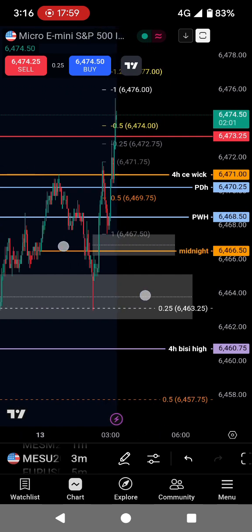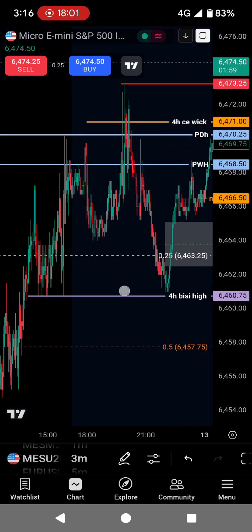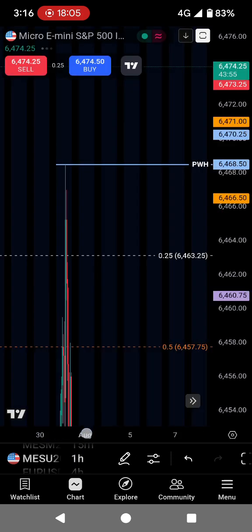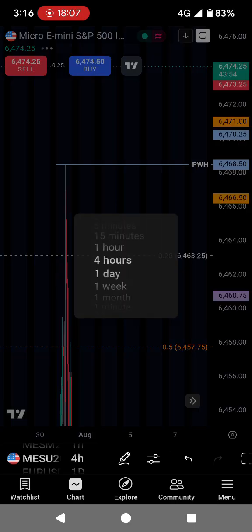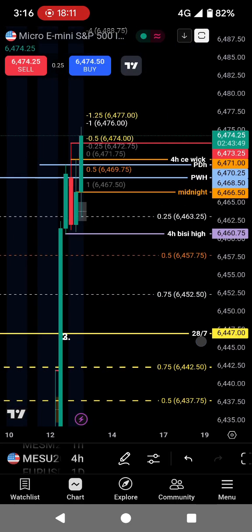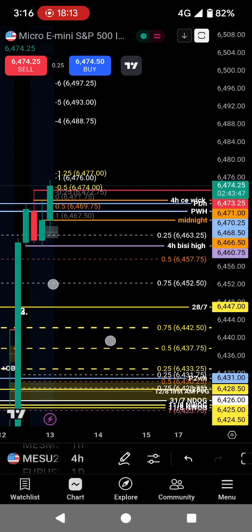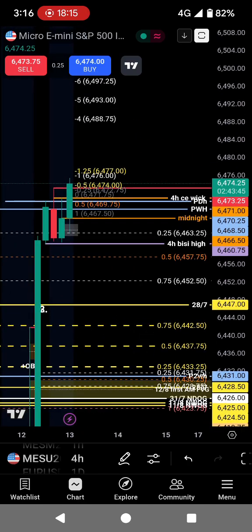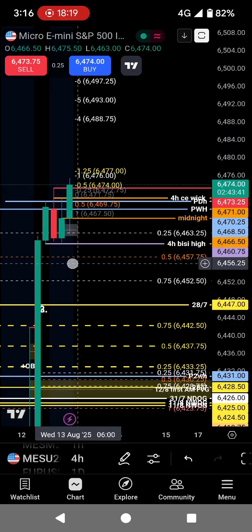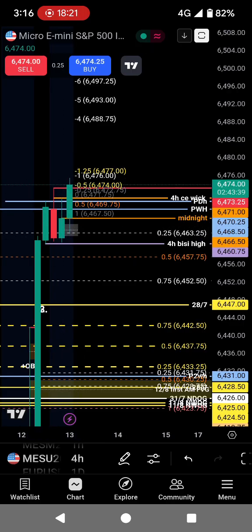Because right now the only place that I'm gonna aim for is this 4 BC here, the sell side. You see, we tried multiple times but we failed to reach back into it. And now we cleared form a new high.